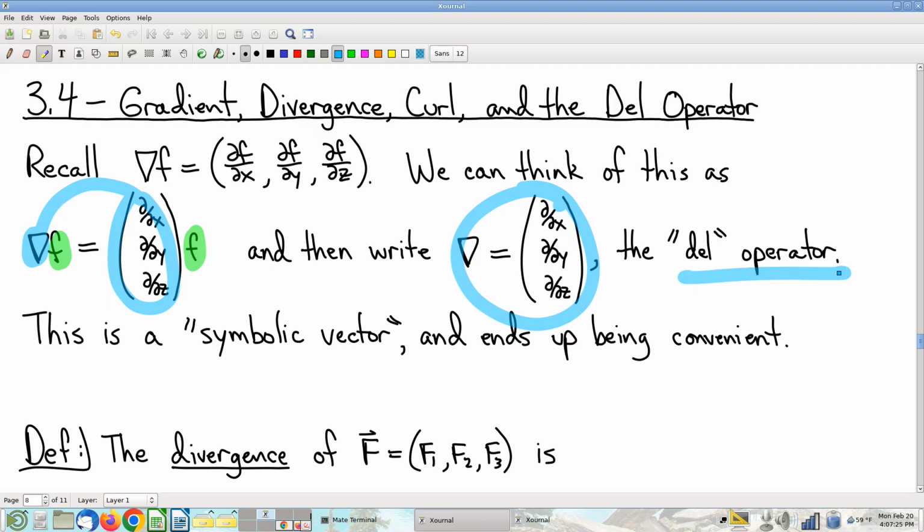Now I emphasize, del is not the same as gradient. Del is just the operator. Gradient means the result of applying the del operator to a function. So del of a function is the gradient. Does that make sense? Just a little terminology and notation.